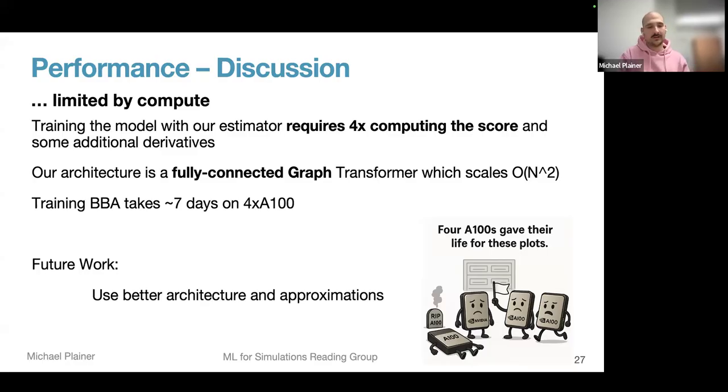So future work could definitely include using some better architecture, so not something fully connected, if you want to scale it to larger systems. And maybe also include some better approximations. Maybe we could include some stop gradient in the divergence term. Or yeah, maybe we have some other ideas we could do.